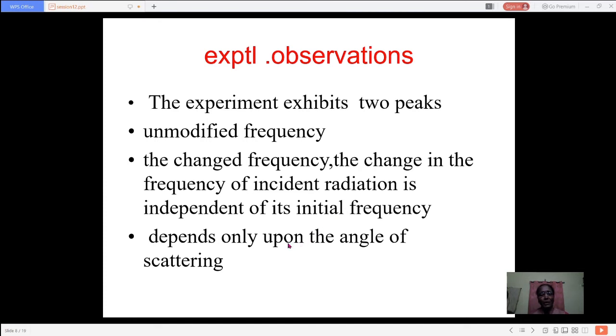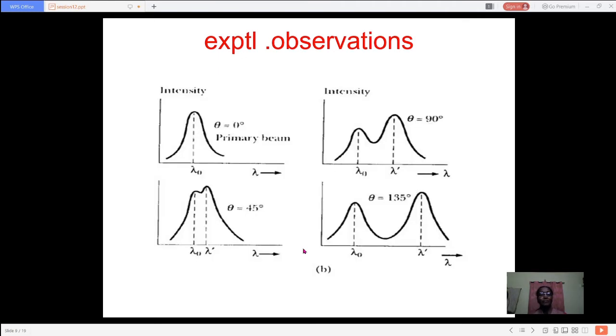It depends only on the angle of scattering. This otherwise means if you see the scattering at a particular angle, then only the change in frequency can be seen. Otherwise, it cannot be seen. If you keep on changing the angle, the change in frequency also changes.